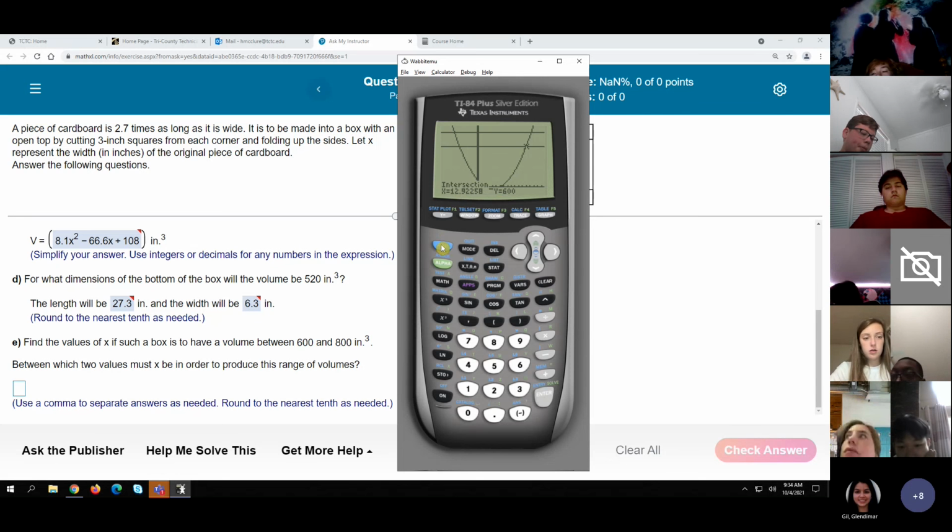And let's check the other one. Trace, intersection. And I'm going to jump to the next one. There we go. And make sure that one is on, yeah, that one right there.